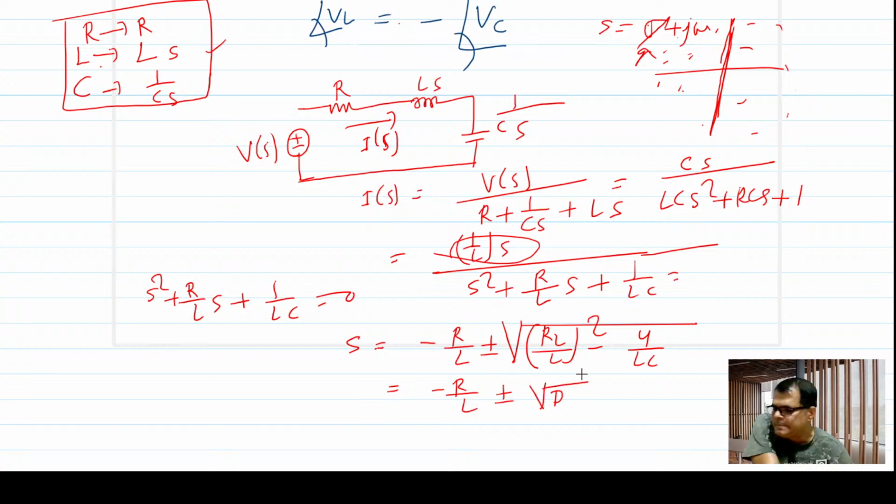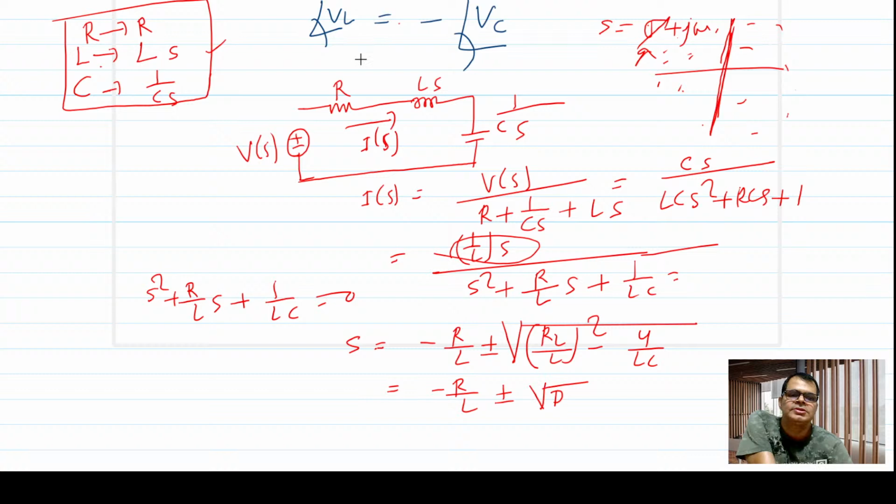What is this D? D is called the discriminant. That is your quadratic equation.